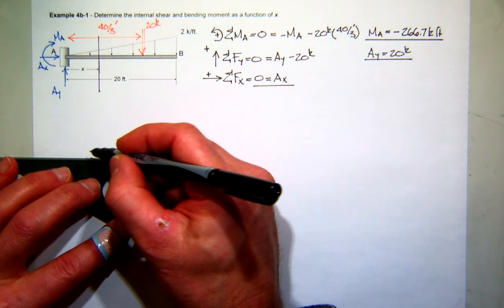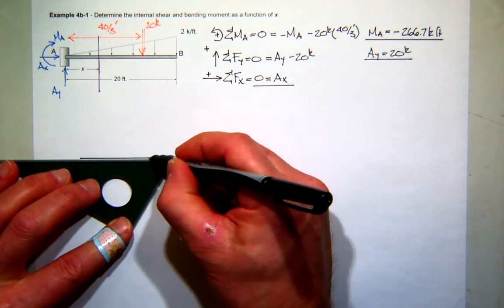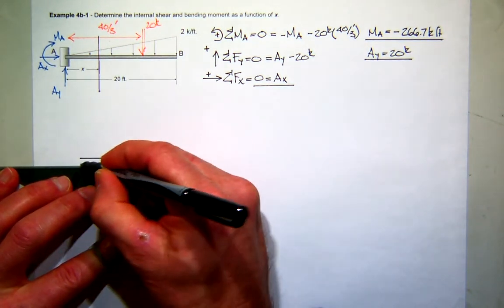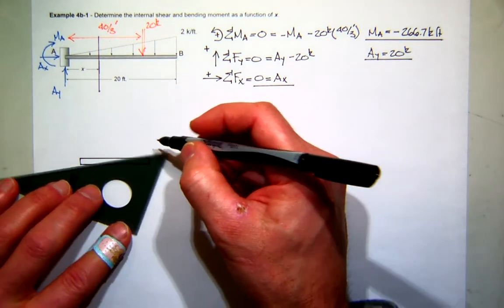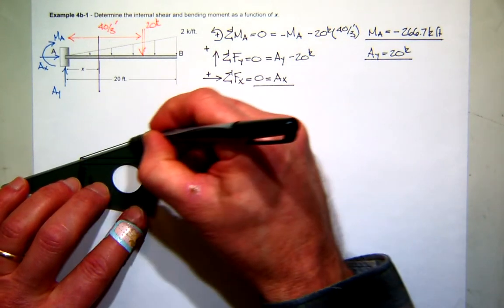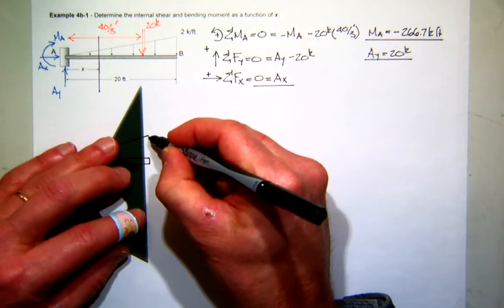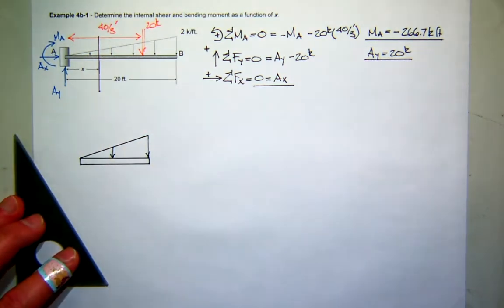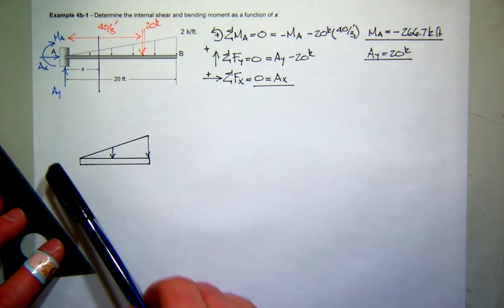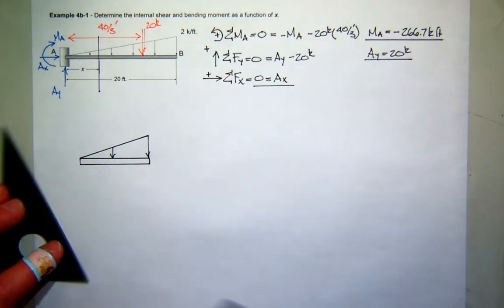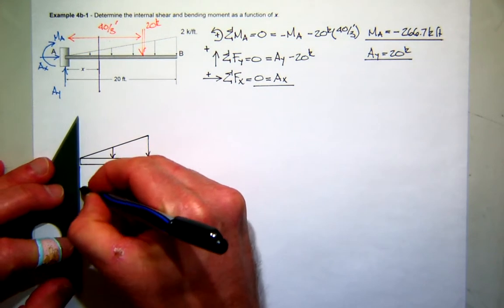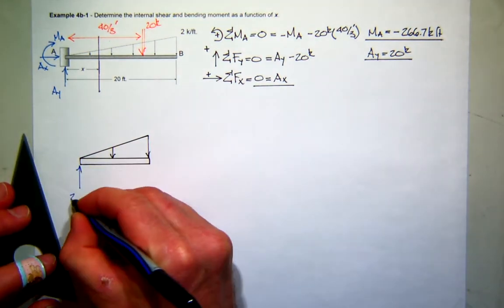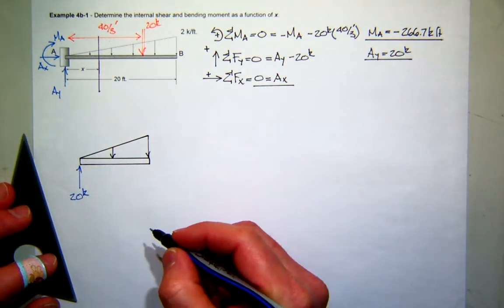So now let's cut the structure and look to the left. I'll try to make this a little larger so it'll be easier to see. So there's my chunk of the structure. And this would be my triangular load. Let's go ahead and put my reactions on this end. So AY is up at 20 kips.